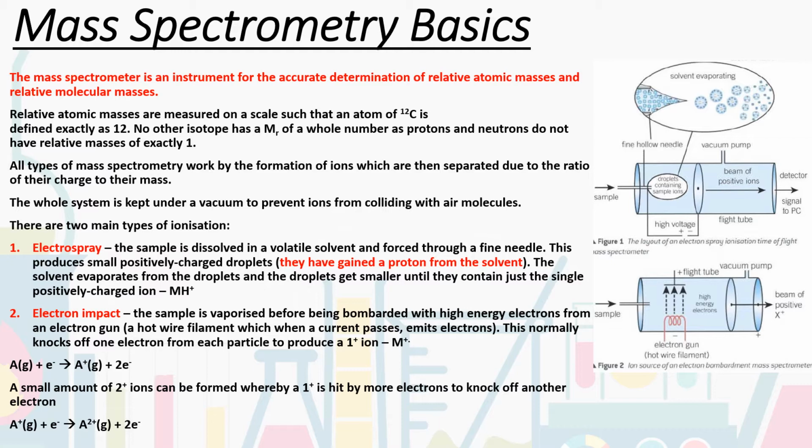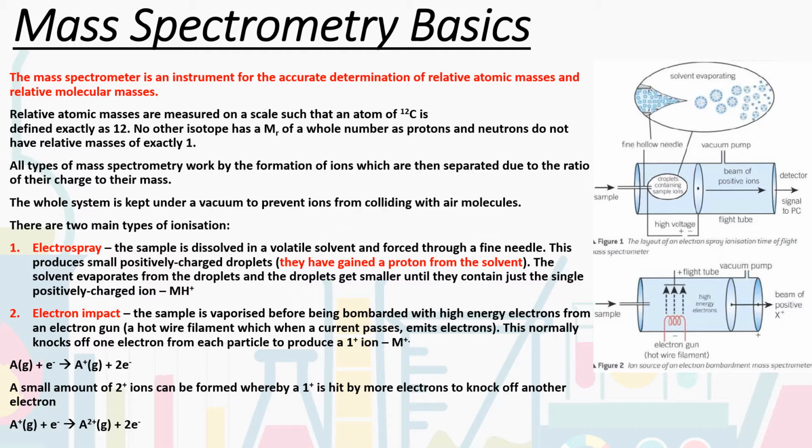So if we started off with our molecule, call it M, it then gets dissolved in this volatile solvent through the fine needle, and essentially it picks up a proton from the solvent, and so we now end up with an MH+ ion. Now the solvent evaporates from the droplets, and the droplets get smaller and smaller until they contain just the single positively charged ion, essentially just MH+.